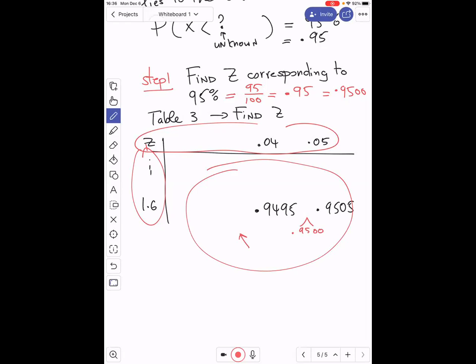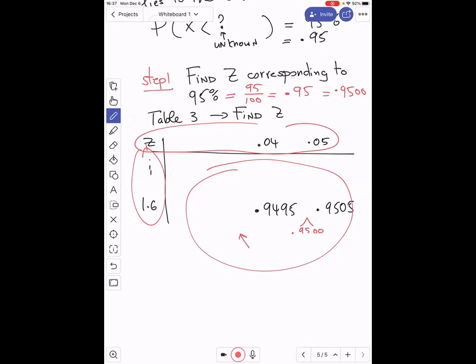You have the values of Z in the first column, like 0.0, 0.1, 0.2, etc. So you don't know the Z actually. You need to find the 0.95 inside the table.